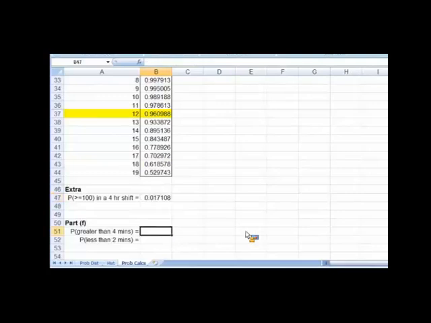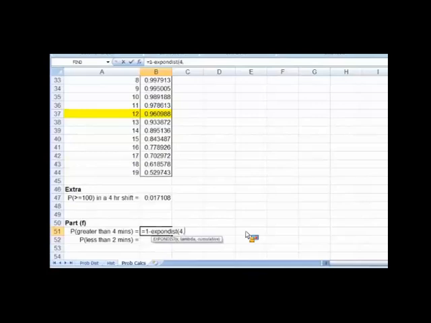Right? So we will say equals, we want greater than, so we're going to say 1 minus EXPON.DIST of, and here again we just have to make sure we match up our units. 4, comma, and what do I need to put in for lambda?